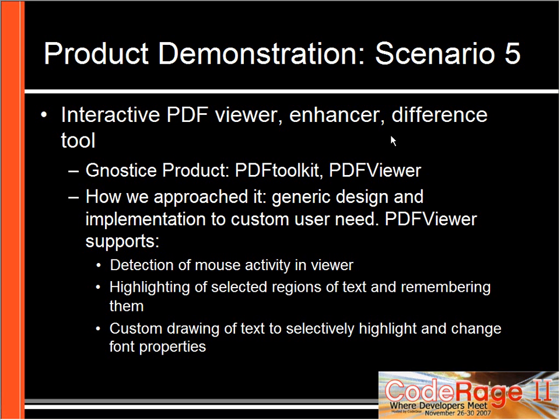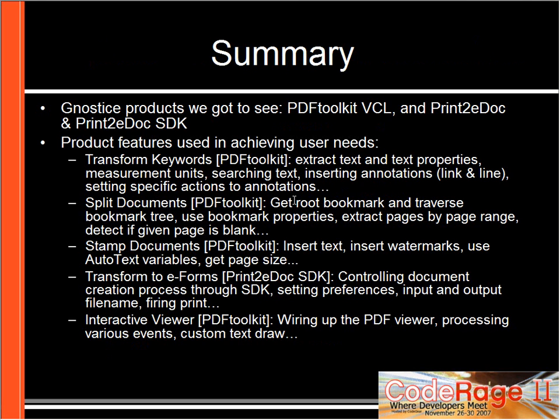That brings us to the end of the product demonstrations. Let's now refresh our memories of what we just saw. The Gnostice products that we got to see were PDF Toolkit VCL and the Print to eDoc application and the SDK. And in achieving the scenarios, we actually got to see several of the features of the product.